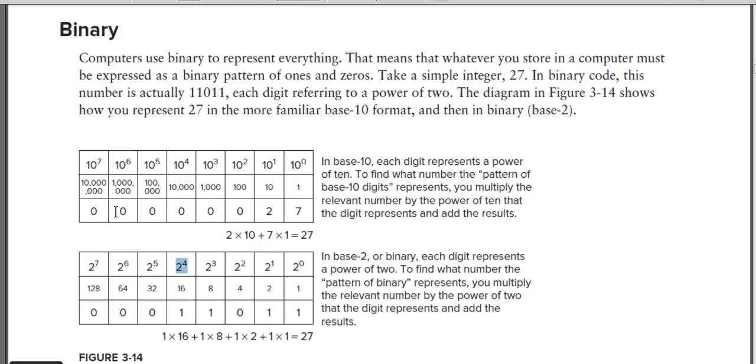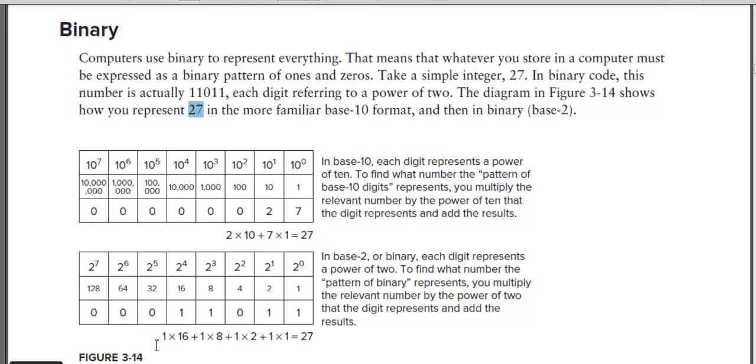So what do we get? 1 times 16, 1 times 8, 1 times 2, 1 times 1, we add them up, and it gives us 27. So the way that we would write 27 in base 2 would be 11011. In other words, this in base 2 is equal to 27 in base 10.